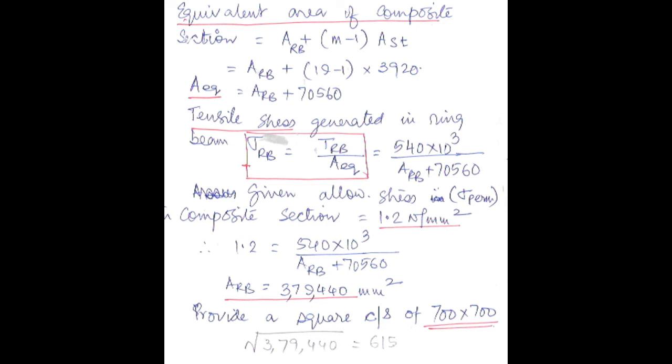From there you get 700 by 700, so the cross section of the square ring beam is 700 by 700. Again, it is up to your approximation. You do the square root and get 615, so you can give it as 650 by 650 or 620 by 620 also. But anyhow, I have assumed the value as 700 by 700.